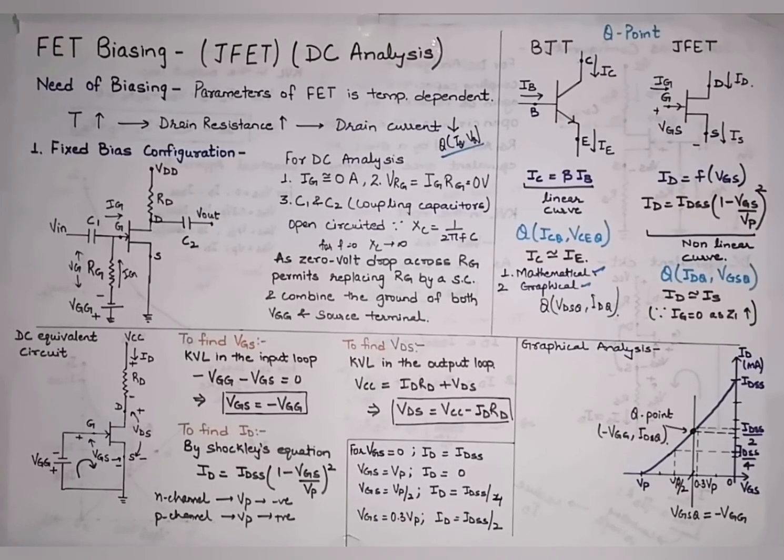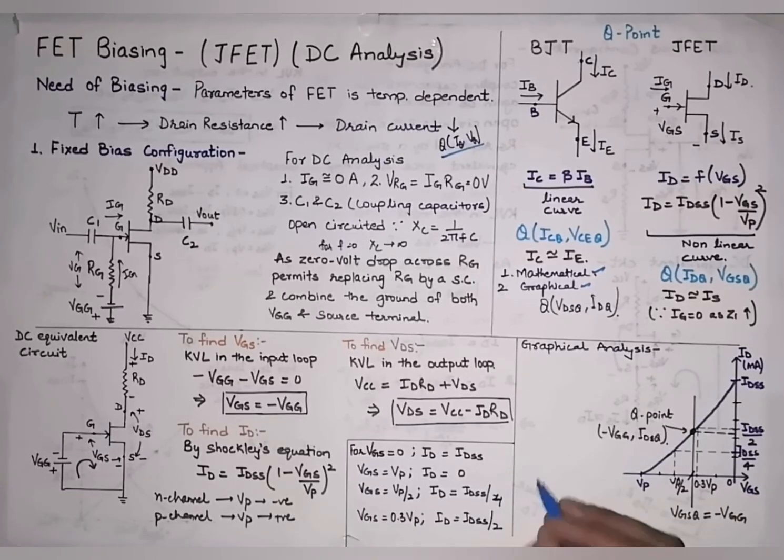Now next come to the graphical analysis or the graphical approach. For the graphical approach, we first draw the curve of ID and VGS. The curve of ID and VGS is obtained by putting different values of VGS and obtaining the value of ID for those values.